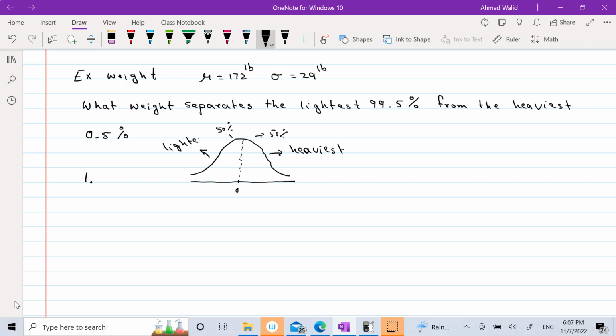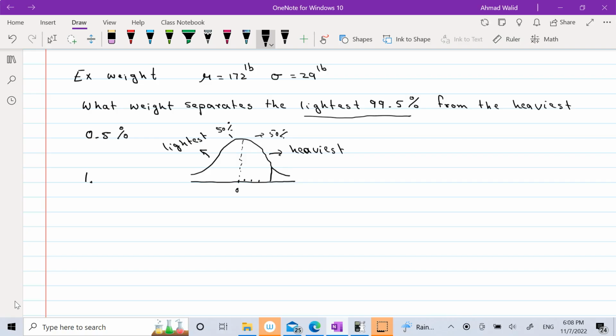Always draw, because students get confused. Okay, the problem says lightest 99.5%. When you come here, that will be 60%, 70%, 80%, 99.5% is actually here, correct?